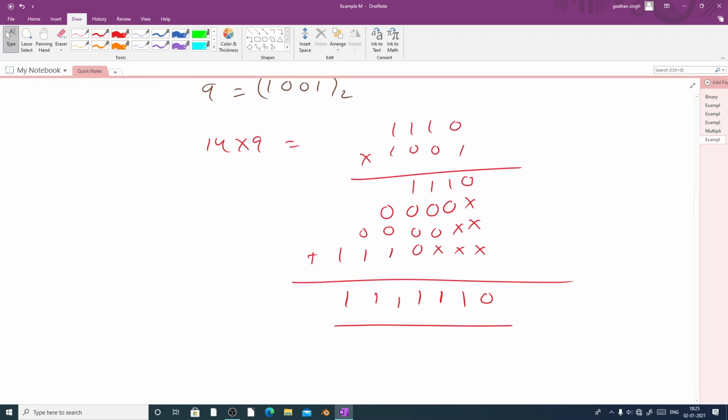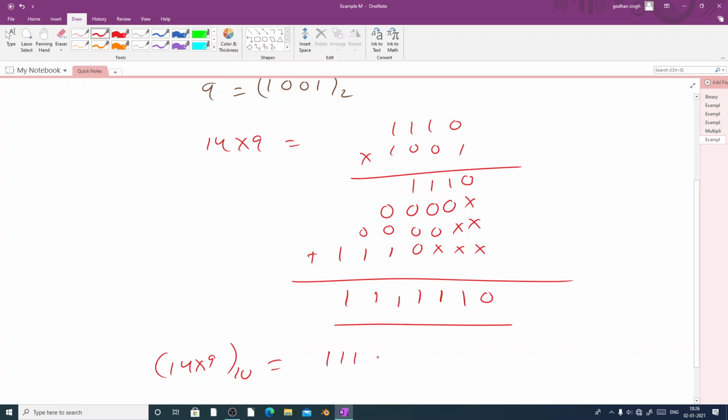Right now the numbers are in decimal form, so on multiplication using the binary number form, we'll be getting the answer as 1111110. 6 times 1 are coming, so 6 times we have written, and then 0, and then put here 2. 2 means the number is a binary number, and you can verify whether this is correct or not.